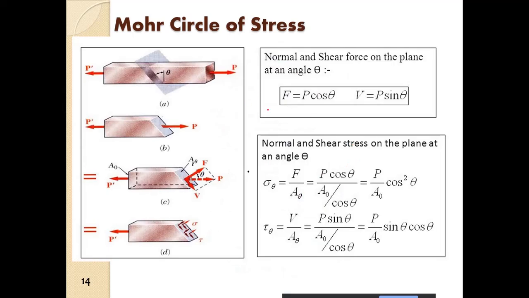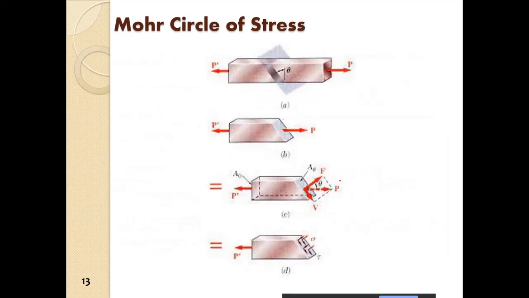So ultimately, here you see this is theta. This is F and this is P and this is theta. So this is cos of theta. P cos of theta, that is F. And if we resolve it in this direction, same thing here, this is sine of theta.